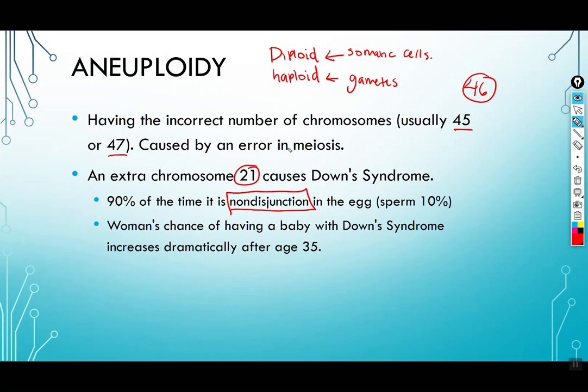But that means that as a woman ages, the eggs that are left later in life have had more time to accumulate mutations due to, let's say, a woman having a lot of x-rays or living in a heavily polluted area where there are lots of teratogens, which are tumor and mutation causing agents, a variety of things. So after 35, a woman's chance of having a baby with Down syndrome goes up dramatically.